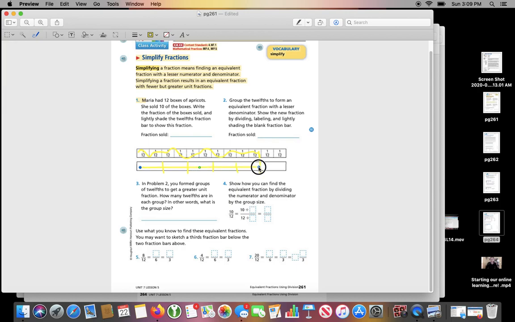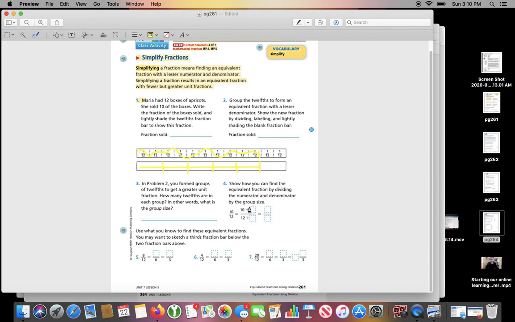So if I'm shading here, how many sixths did she sell? 1, 2, 3, 4, 5. 5 sixths. So here you should have 10 twelfths, and the equivalent fraction to that, when I divide by 2, is 5 sixths. So that's all it's doing down here, is showing how you can find the equivalent fraction.